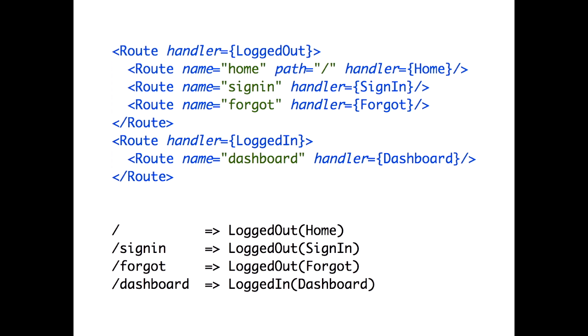Now, it's important to realize, and this is an important distinction, that nested routes do not correspond to nested URLs. Okay? So React Router gives you complete freedom and control over what your URLs look like. Just because you nest a route doesn't mean you have to append another segment to the URL. In this case, I have two separate parent components.